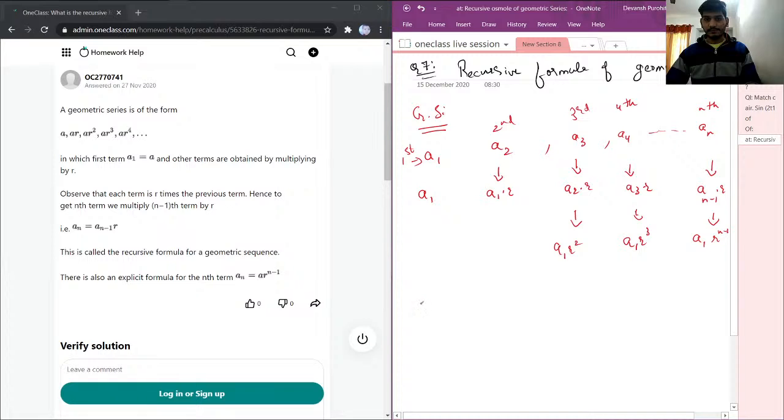So hence we have the geometric series as A1, A1 r, A1 r square, A1 r cube, and for the nth term we have A1 r to the power n minus 1.